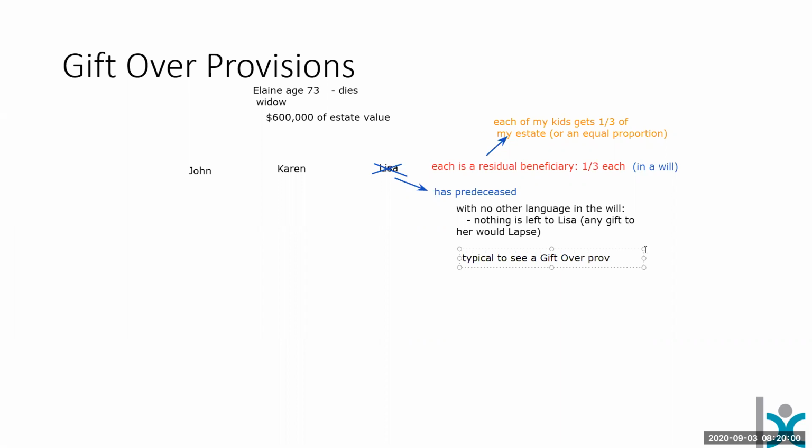The gift over provision says that if we have a situation where this would lapse, then we're going to essentially go over Lisa to the next generation.